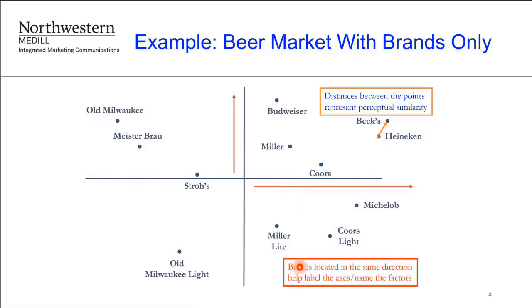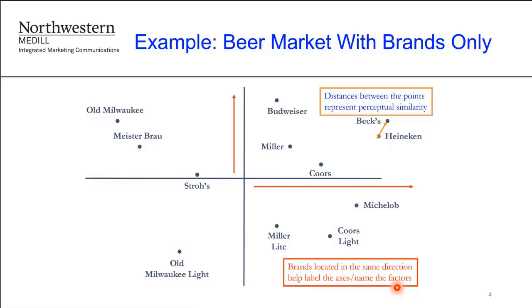And the brands located in the same direction help label the axis, or name the factors, okay? Again, from the factor analysis, we know that the factor names are not given. We have to decide based on the result, based on the plot, the perceptual map, or the factor loading matrix, okay?